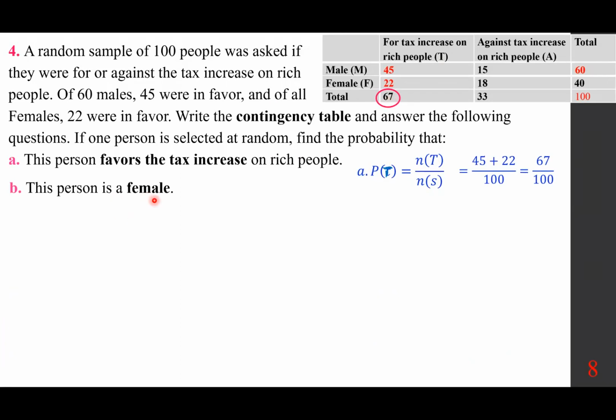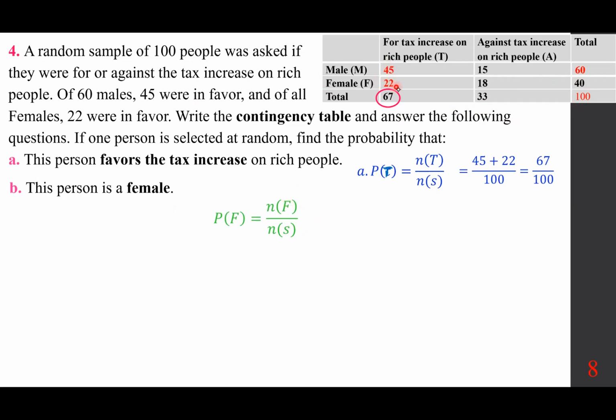This person is a female. So the probability of F is N of F over N of S. Again, the denominator is the whole table, the whole sample, so it's 100. Now, how many females?